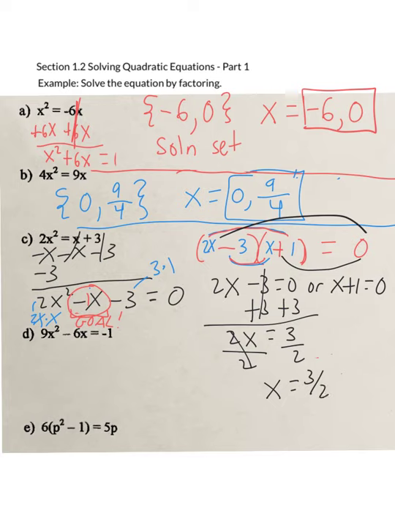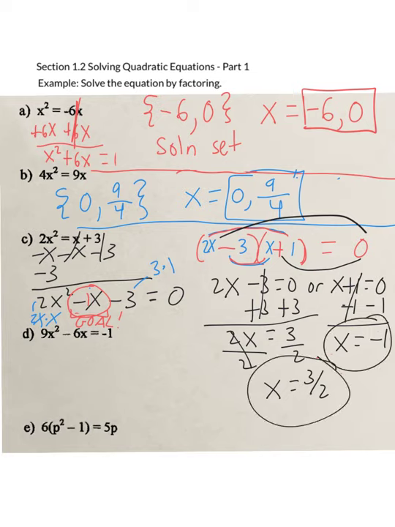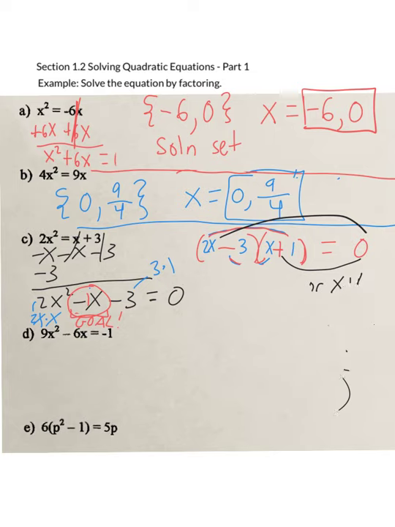For the other answer, subtract the 1 from the x plus 1 there. 0 minus 1 is negative 1. So my two answers are 3/2 and negative 1. I'm about to erase to create some room here. 3/2 and negative 1.